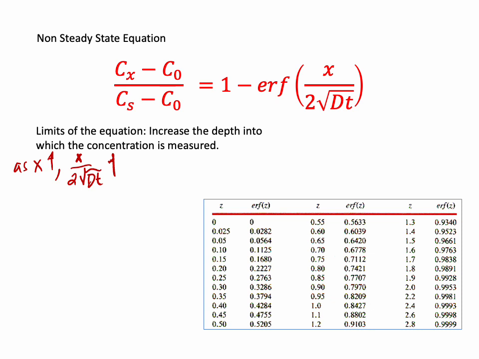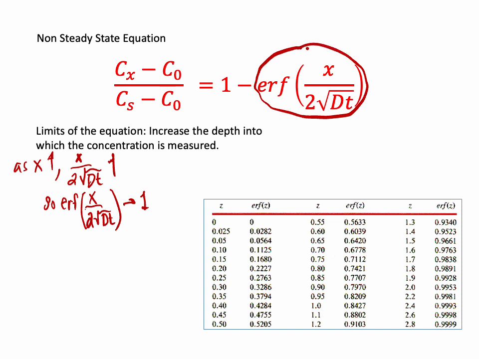As x increases, so does x over 2 square root Dt, which means that error function of x over 2 square root Dt approaches 1. And if that happens, if this term approaches 1, then the right side of the equation approaches 0.